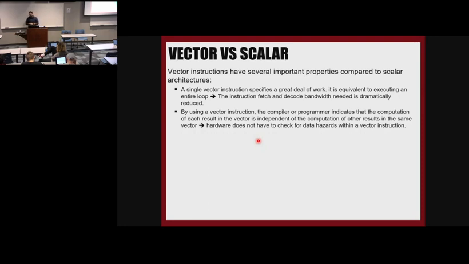In scalar processors, every time we have to check a dependency, because we don't know beforehand that there is no dependency in this code. So the architecture should always be designed for the worst case and keeps checking the dependencies. But when we have vector instructions, we're telling the hardware that at least within this vector size, we don't have dependencies in the instructions. That means that we don't need hardware to check for data hazards within a vector instruction. Okay, that's one benefit.